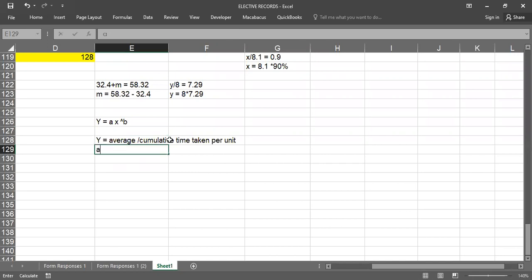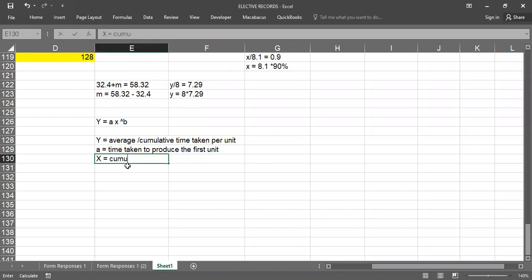Then the a is the time taken to produce the first unit. Then X usually is the number of units.